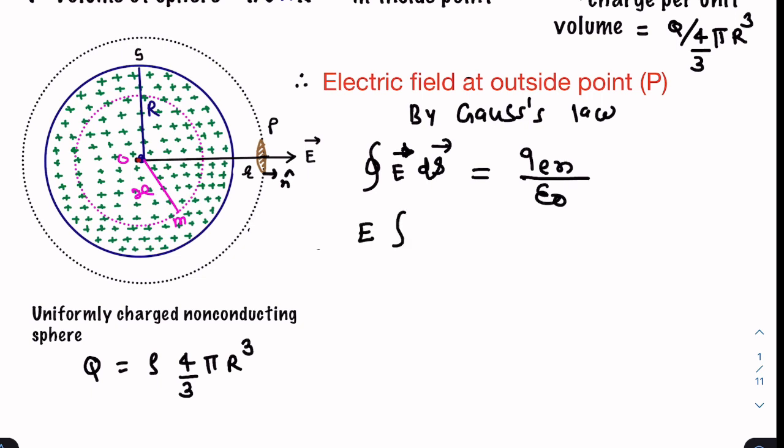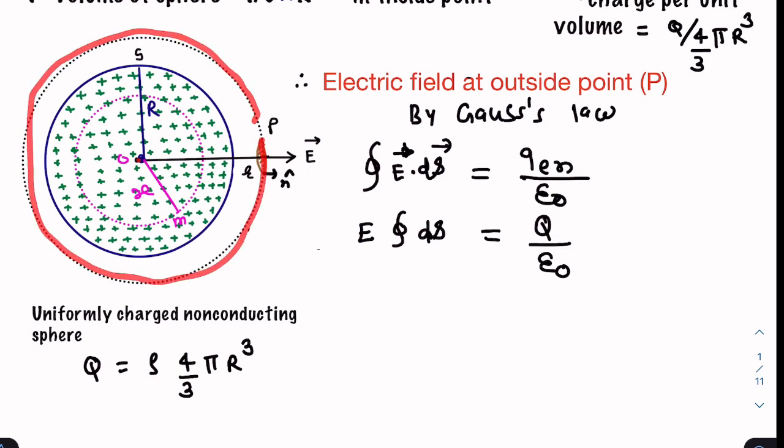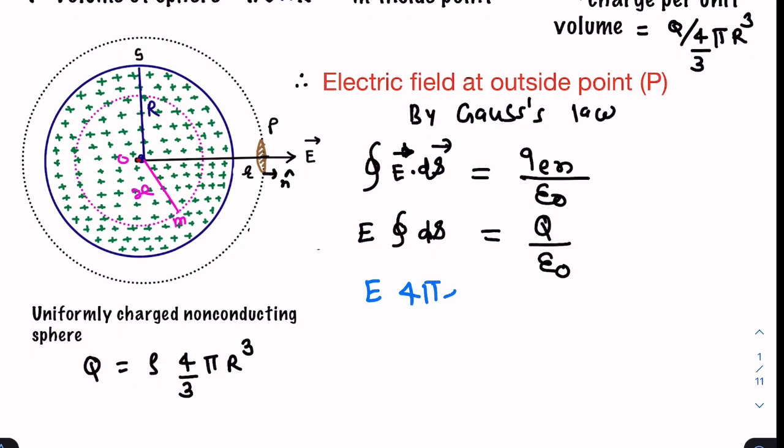Therefore, E times the integration of ds, with dot product cos 0. Q enclosed is nothing but the charge on the original solid sphere, capital Q. Therefore, the charge enclosed is capital Q by epsilon naught. The integration of ds is the area, 4 pi r square. Therefore, we get E 4 pi r square equals capital Q by epsilon 0.